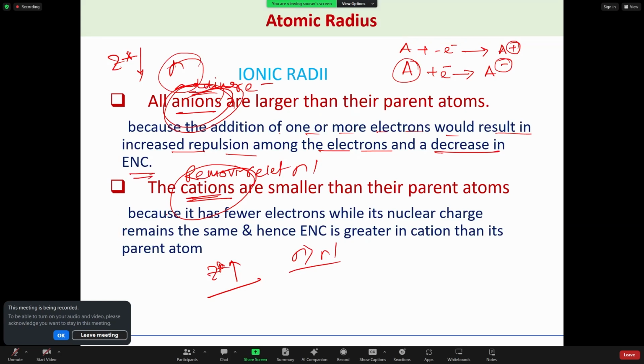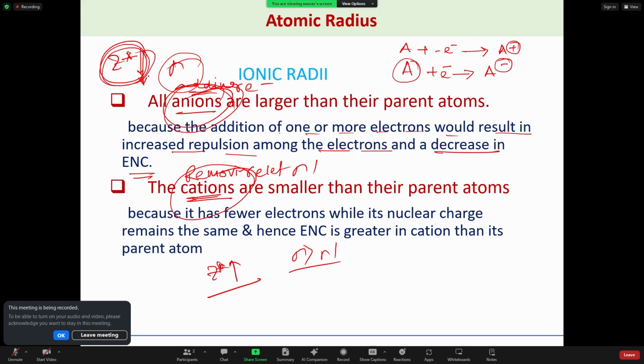When we add one electron from another source, there will be repulsion between these electrons. When there is this repulsion, the atomic radius also increases. Due to this repulsion, the Z star, this effective nuclear charge value on those electrons, will decrease.